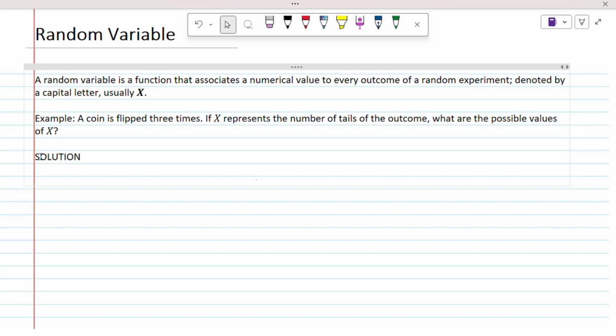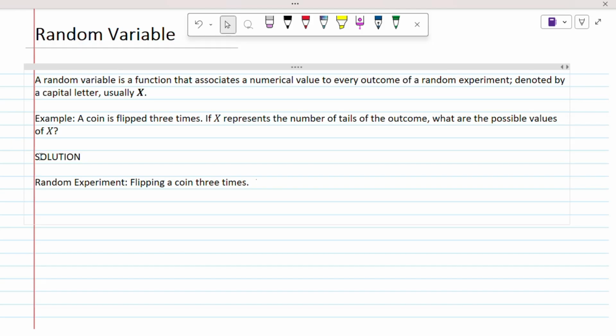So our random variable here is X. If we want to find a value of our random variable, first we must determine all of the possible outcomes. But before anything else, first we must identify what is the random experiment being performed from our given example. The random experiment is flipping a coin 3 times.